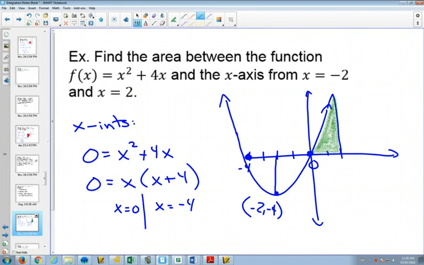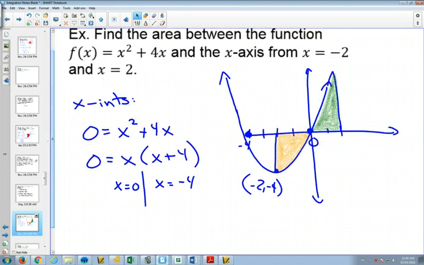But this area, which I'll color in this color, kind of orangey mustardy, that mustard part will be negative. And so when we figure this out, we'll have to do things separately. So we're going to find the integral from -2 to 0, and then the integral from 0 to 2.